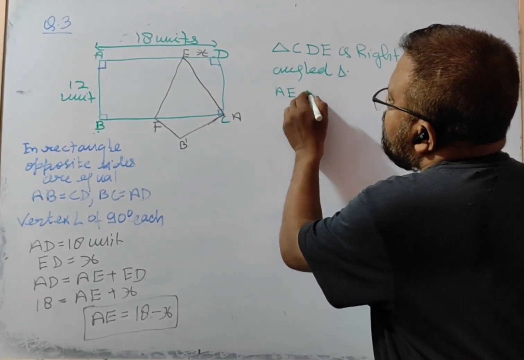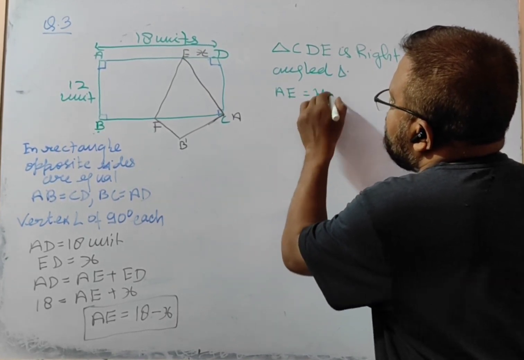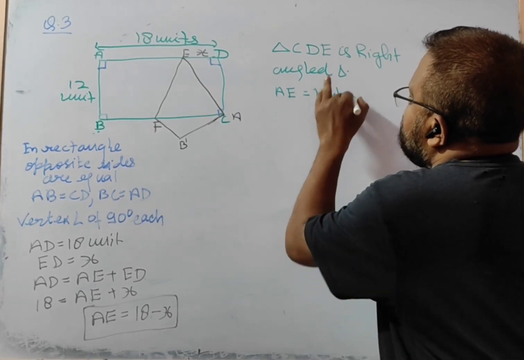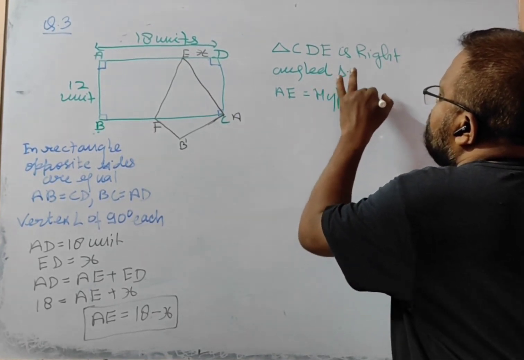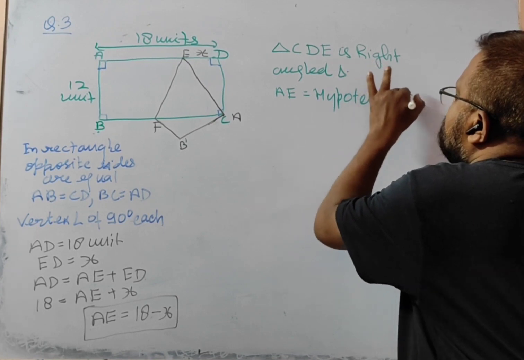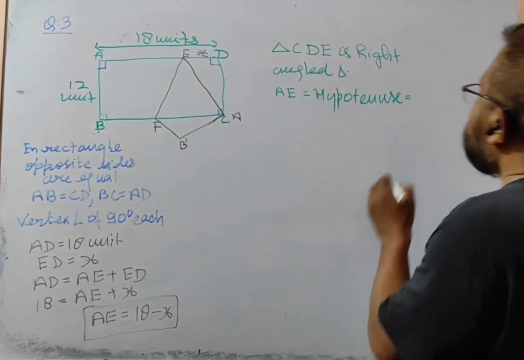AE is equal to the hypotenuse, that is equal to 18 minus X.